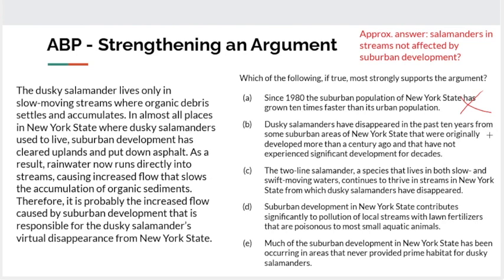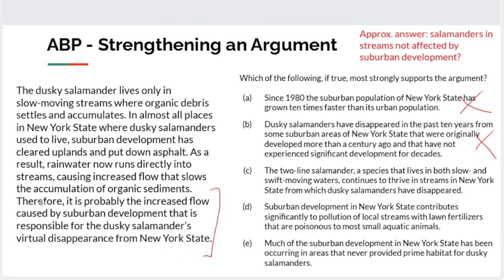Well, if that were true, that would actually weaken the argument. Getting back to what we were just saying in terms of the assumptions, if we have areas that were developed more than a century ago and the salamanders are still disappearing, that suggests that it's not this increased flow being discussed in the passage that is to blame for the disappearance. So that is not going to strengthen the argument.